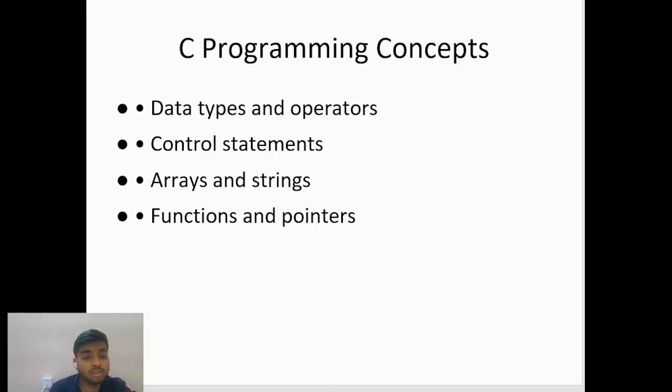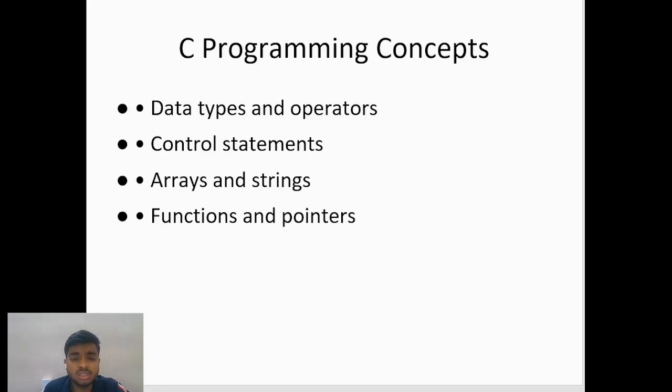C programming. This is the last slide by me, and the next slides will be presented by my colleagues. The programming concepts are data types and operators, control statements, arrays and strings, functions and pointers. C programming plays an important role in embedded systems.